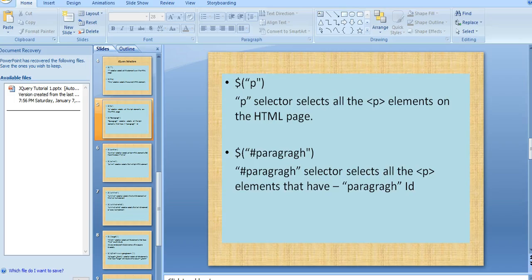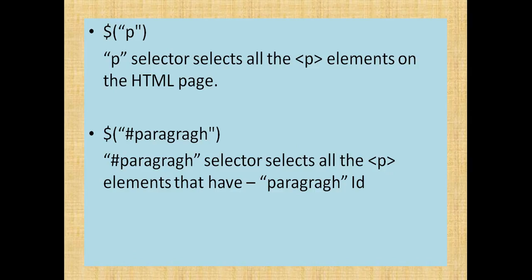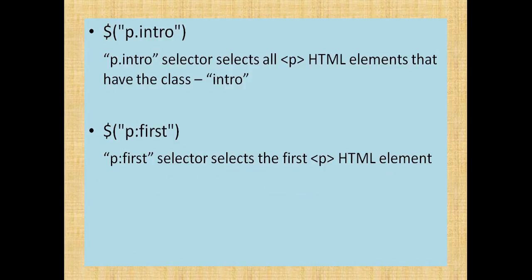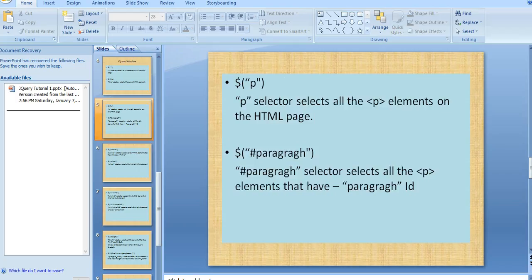Now the next selector is a class selector. The dot here represents the class. The name following the dot here represents the class. Here all the p elements that have the intro class will get selected, then you can perform the required actions on them.